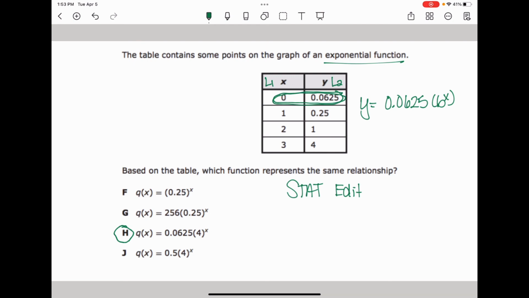And then click Stat. Once you've done that, click Stat, arrow to calculate, and choose option 0, which is exponential regression. And that will give you this equation, q of x equals 0.0625 times 4 to the x.